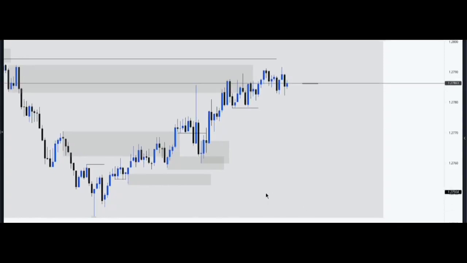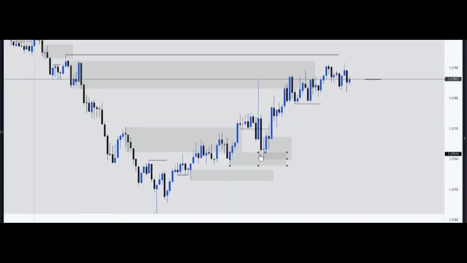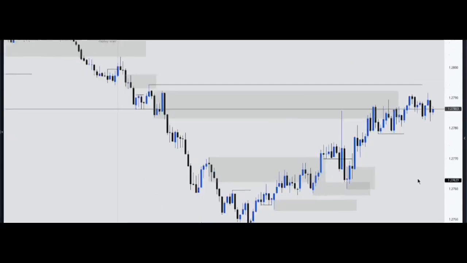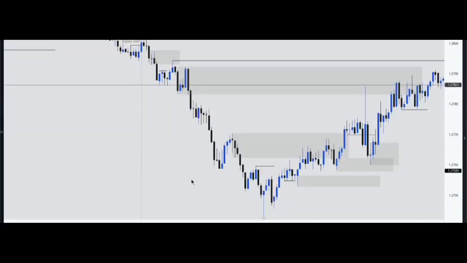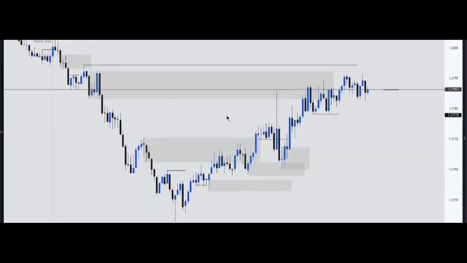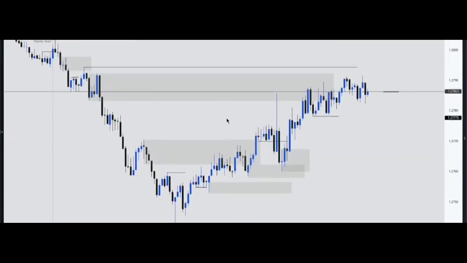How many trades here? Take a look at it. 1, 2, all right, 2 trades here. And look at the massive profit. Here we also have 1, 2, all right, all together 4 trades, plus or minus 1. Can you see that? These are the ways for you to take your internal structures and have multiple trade setups.